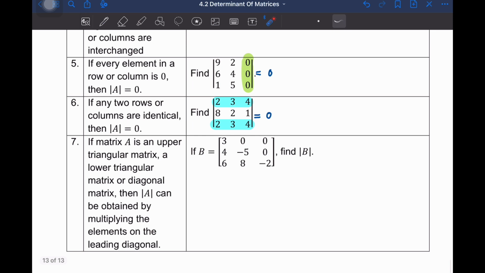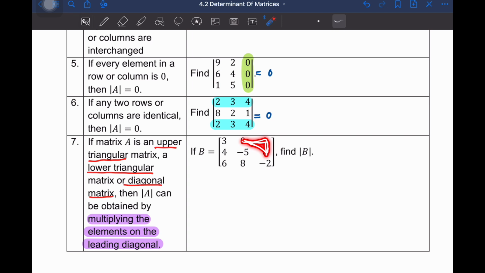Okay, last property. So, if matrix A is an upper triangular, lower triangular or diagonal matrix, then the determinant of A kita boleh dapat by multiplying the elements on the leading diagonal. So, just need to multiply the elements on the leading diagonal. Okay, so tengok dekat sini, awak ada 0 over here.